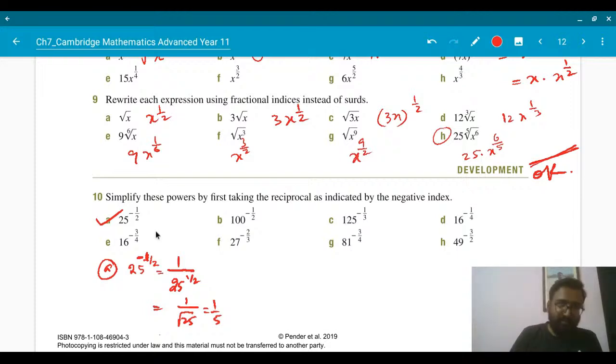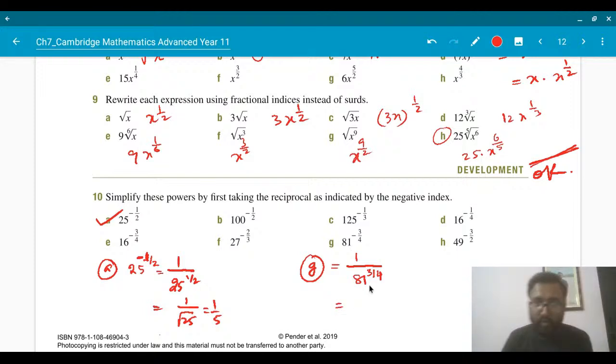But for E, F, G, I want to go with G. What is G? It has a minus. How can I write it in the first step? It becomes 3 by 4. To simplify, we take the denominator: it is the fourth root of 81 power 3.